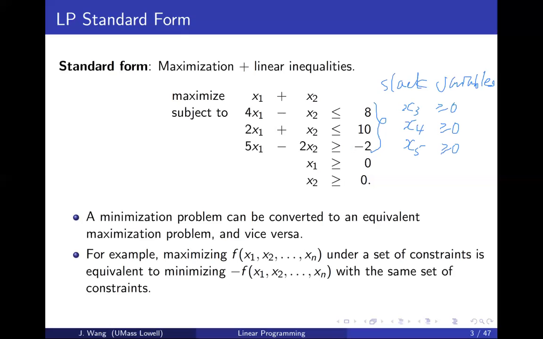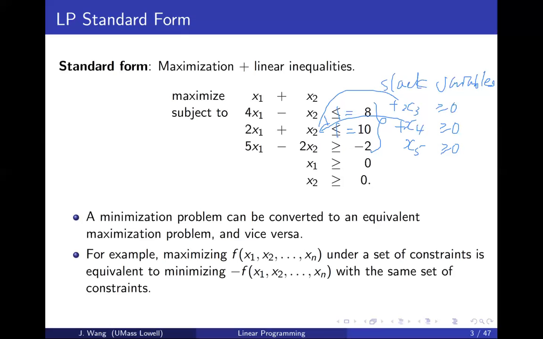So then, of course, if we add x3 here, right? So we add a new slack variable, then we can force this inequality to become an equality. Likewise, we add x4, and we can force this inequality to become an equality.